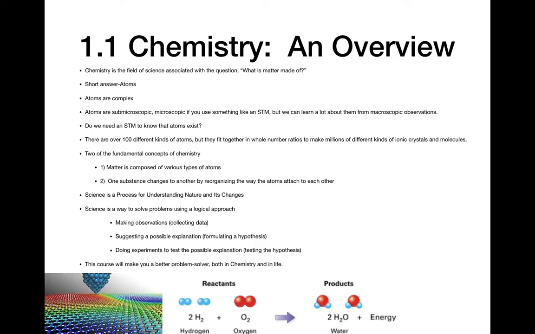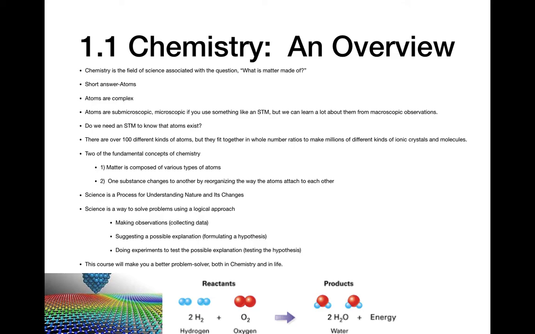Now, generally, most of the chemistry that we know does not come from using scanning tunneling microscopes. We are able to determine a lot of chemistry from indirect methods, particularly from macroscopic observations, by looking at the behavior of matter on the macroscopic scale, or the scale of chairs and computers and people, and the scale that we can see with our eyes.